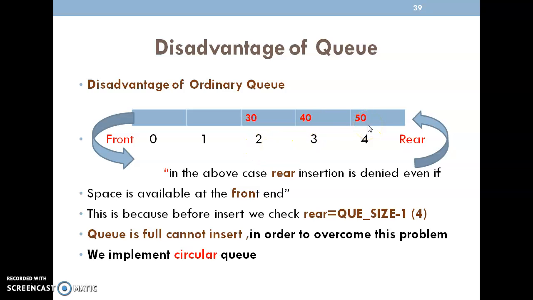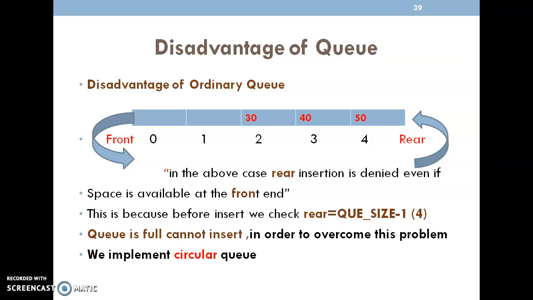Because when inserting the element we check the condition. If rear equal to queue size -1, that is rear equal to 5 minus 1, 4, at that time the queue is full. It is not possible to insert any element even though these two spaces are available. This becomes a disadvantage of an ordinary queue.